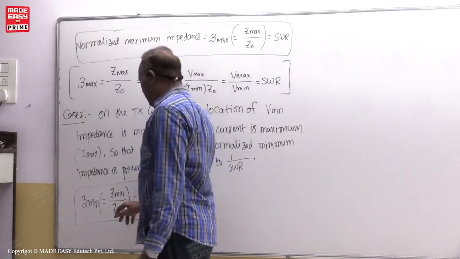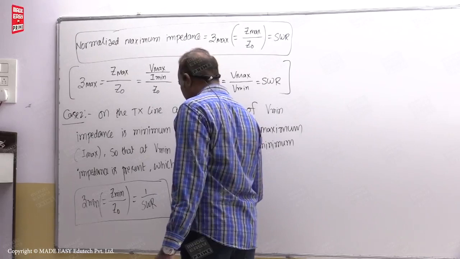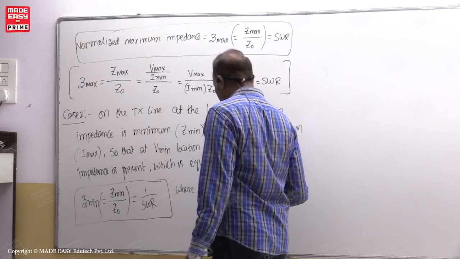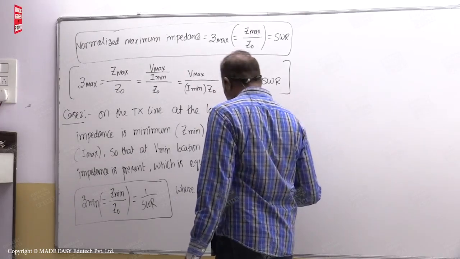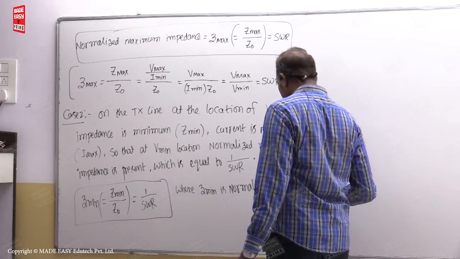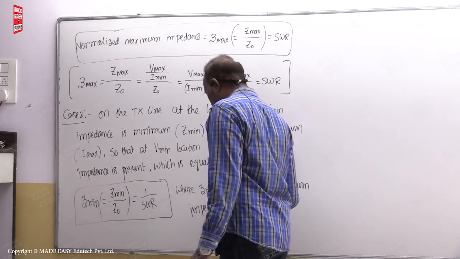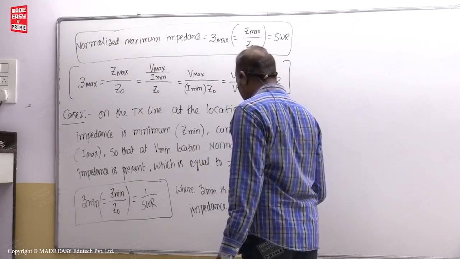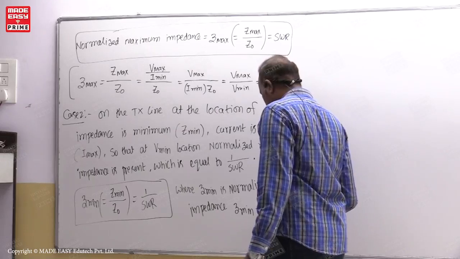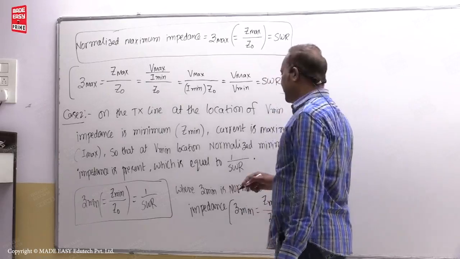So here small z minimum is the normalized minimum impedance. That z minimum is equal to capital Z minimum by Z naught. That is the definition of that one. Once again I am writing.